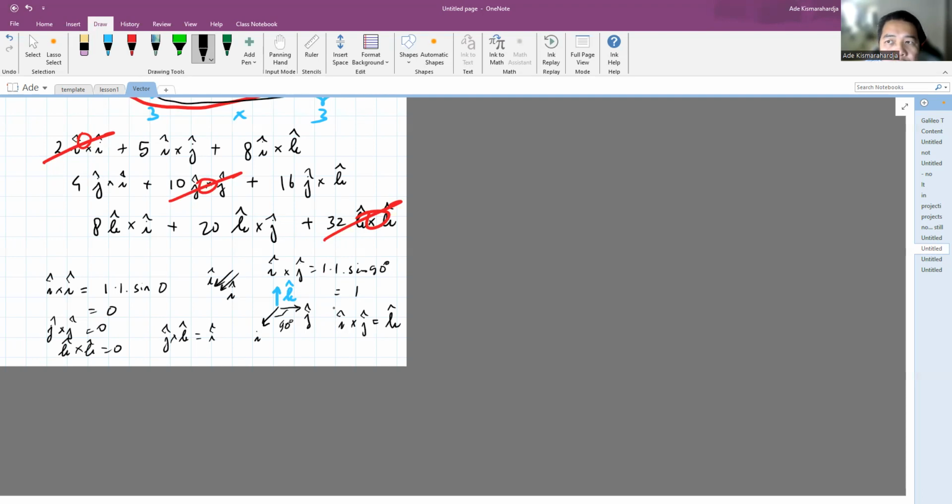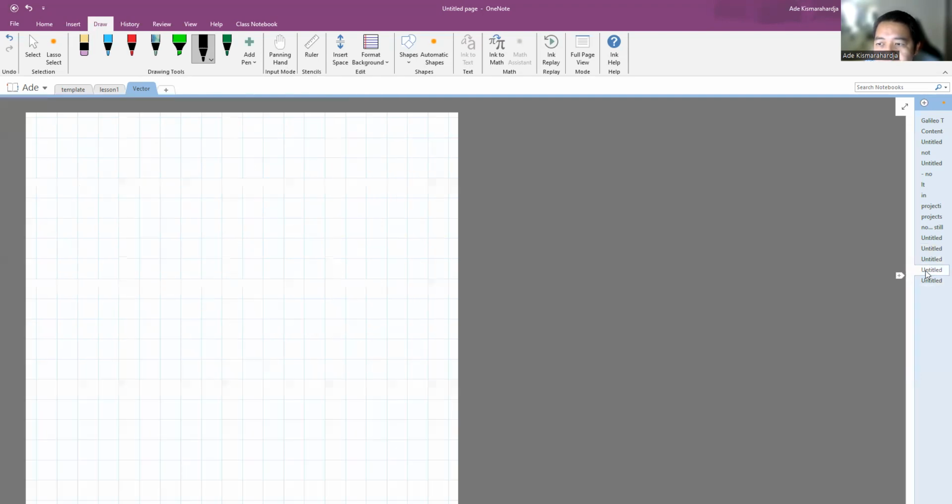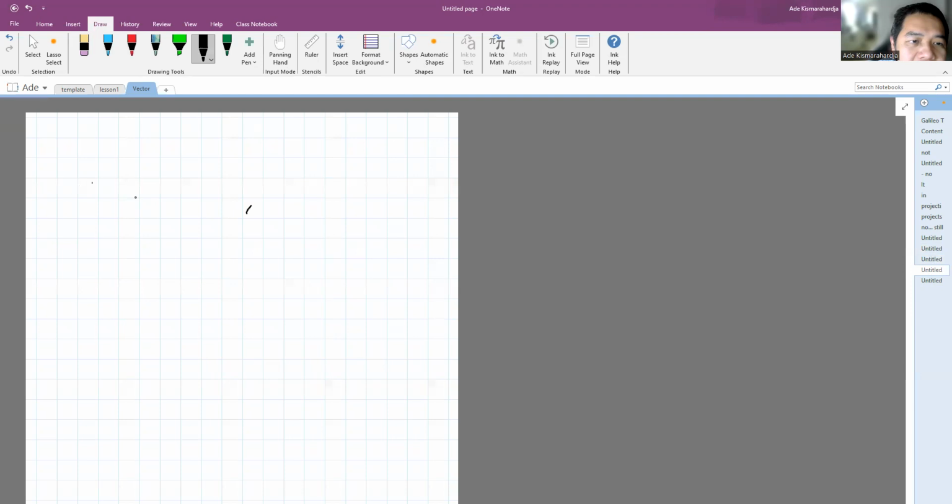Now, if you don't want to go too complicated with the right-hand grip rule, there's a diagram that makes it easier to remember. So I'm now making IJK into this diagram. They are going counterclockwise.